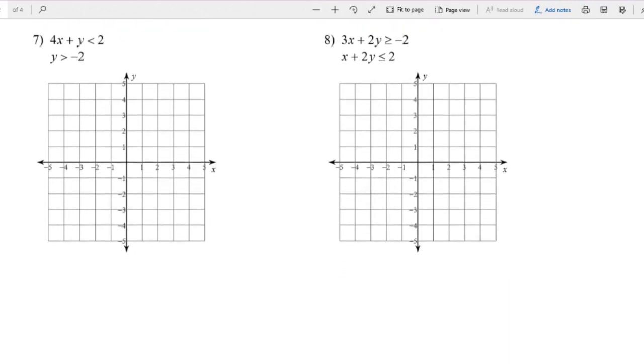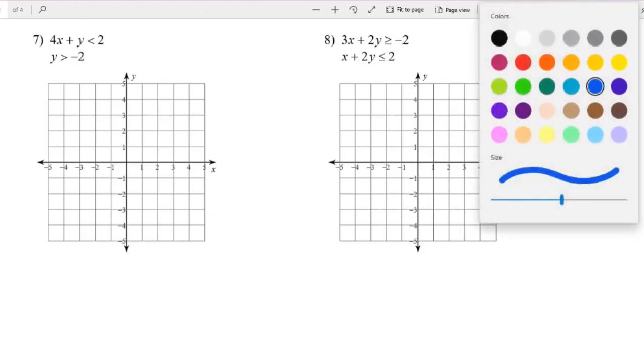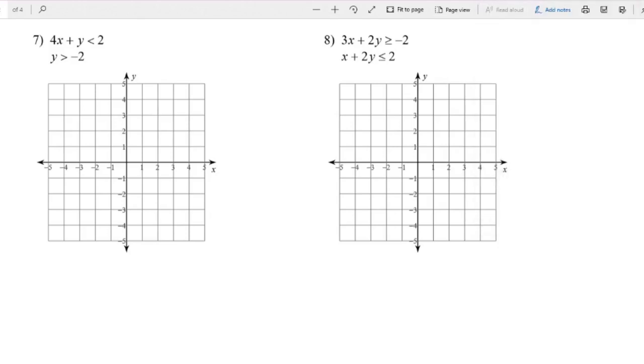Okay. So for number 4, we need to get our first inequality in slope-intercept form. And remember, it's up on top, it's y equals mx plus b. So our first step is to subtract 4x from both sides because 4x is being added to y.